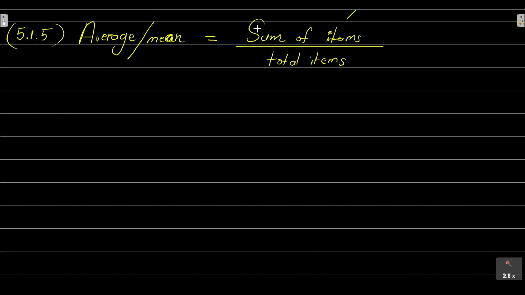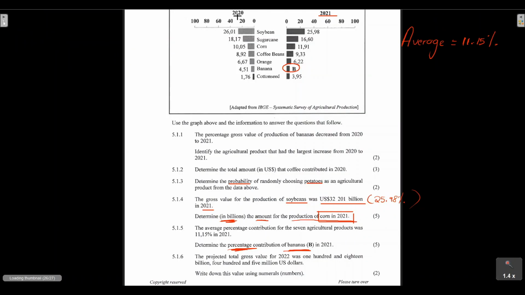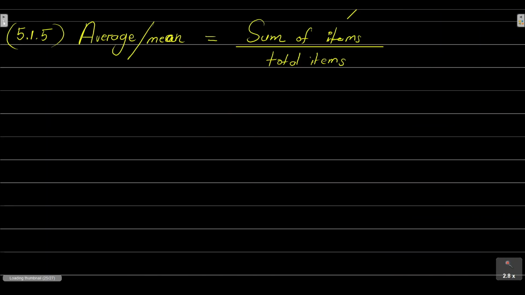In this case, we are already given the average for 2021, which is 11.15%. I'm going to write that down, and that is equal to the sum of all the items.